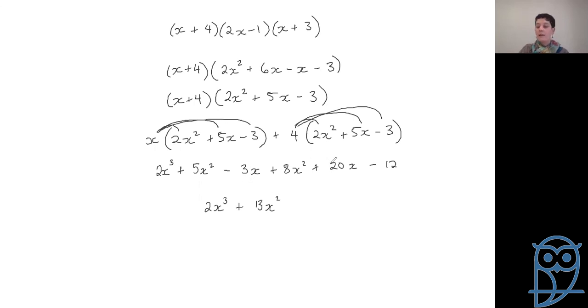Minus 3x plus 20x. So 20 minus 3, it's the same as plus 17x. And there is only one constant, there is only one number, minus 12. So the full expansion of these three brackets gives us the cubic 2x cubed plus 13x squared plus 17x minus 12.